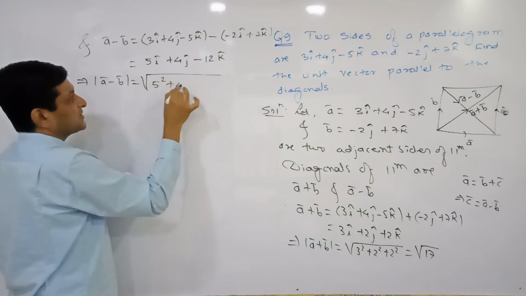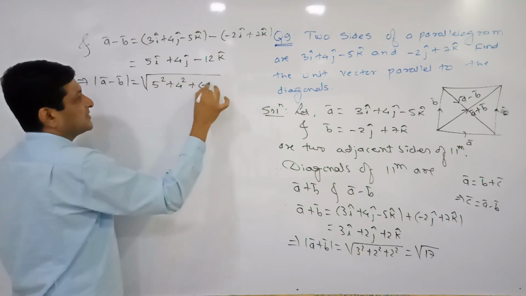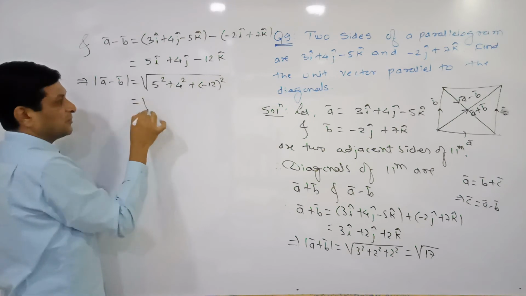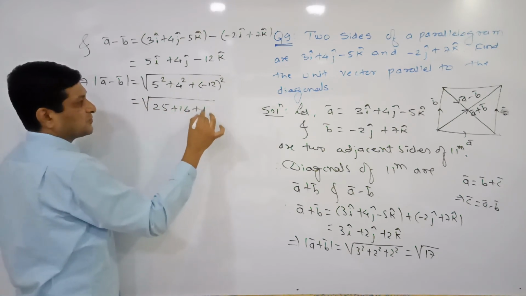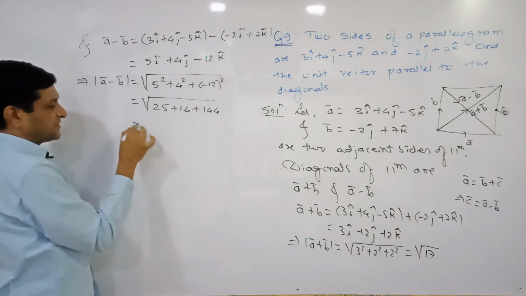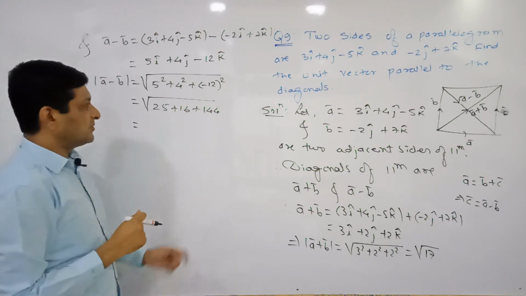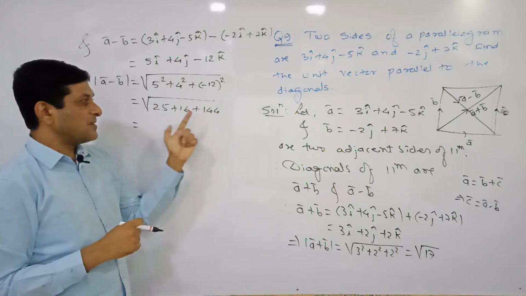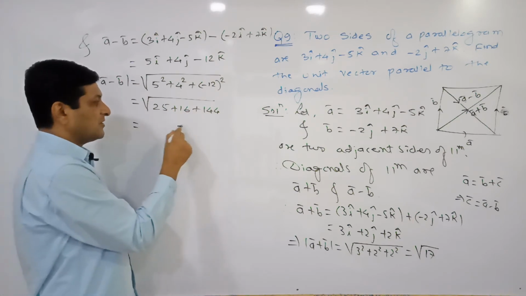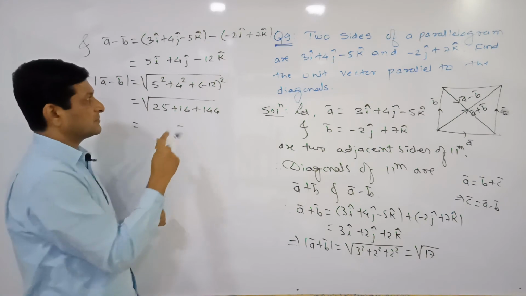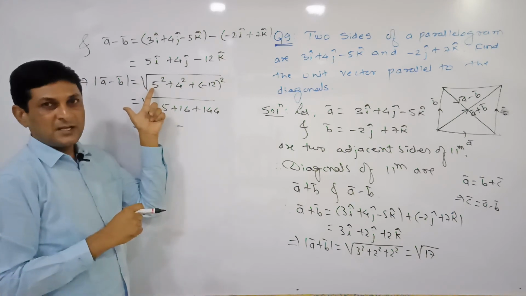So this implies that the magnitude of A bar minus B bar is equal to under root 5 square plus 4 square plus minus 12 square, which is equal to under root 25 plus 16 plus 144. Again let us check it.